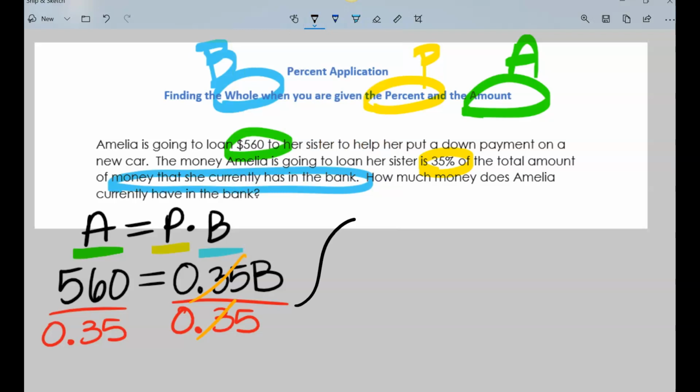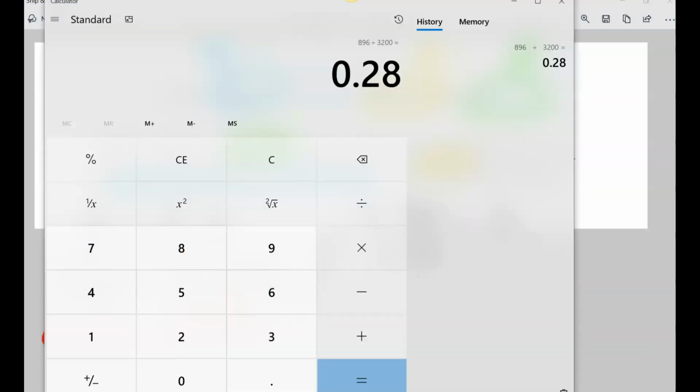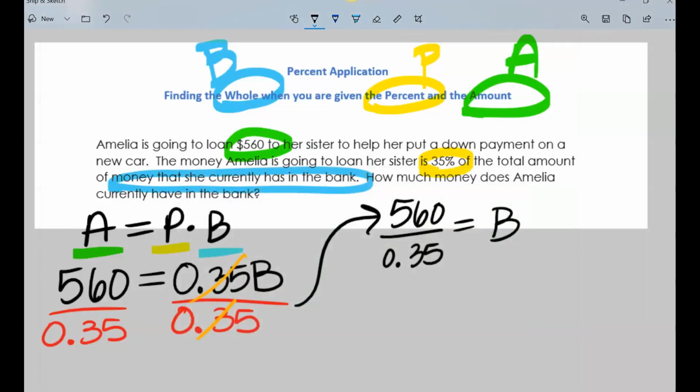So on the left side of my equation, I have 560 divided by 0.35. And after I do that division, that's going to give me my base, okay? Let's go ahead and do that division. So it was 560, that's the number I typed first. And then I'm going to divide that by 0.35, which gives me 1,600.